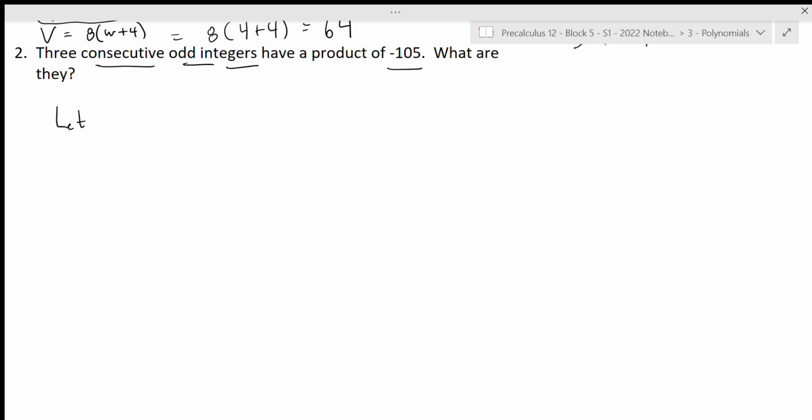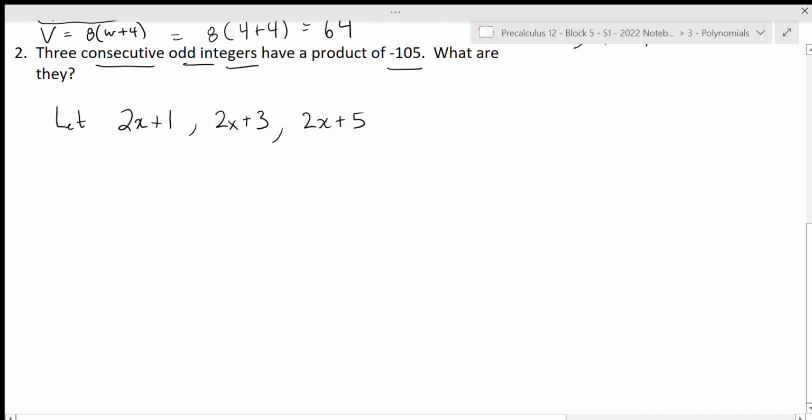Well, I know that 2x is an even number, so that means 2x plus 1 equals an odd number. 2x plus 3 would be the next odd number, and 2x plus 5 would be the next odd number. However, this would give me reasonably big numbers, so rather than going up again with 2x plus 5, I'm actually going to go down 2 from 2x plus 1, and write 2x minus 1.